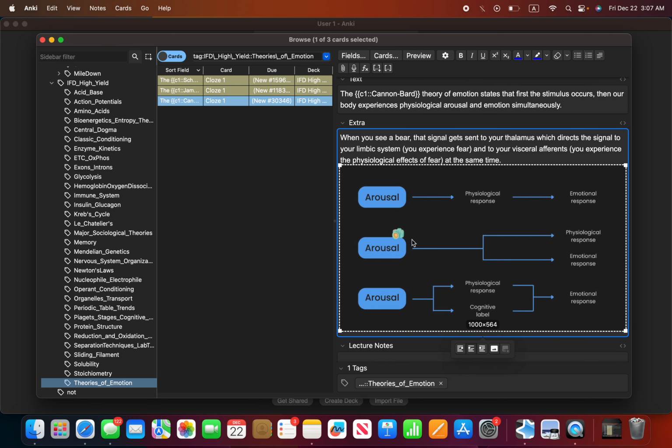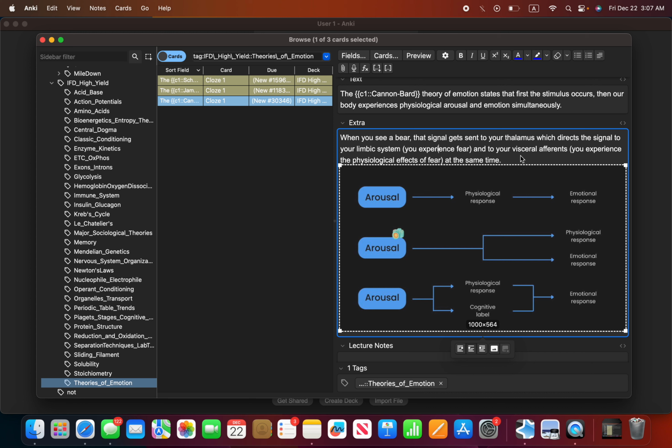When you see a bear, that signal gets sent to your thalamus, which directs the signal to your limbic system. You experience fear, and to your visceral afferents. You experience the physiological effects of fear at the same time.